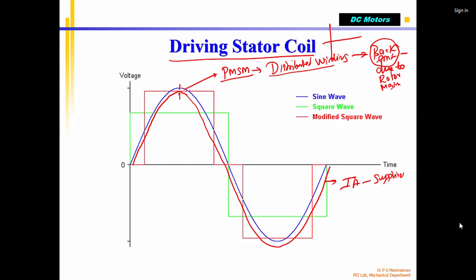I have shown it bigger. This is the supply voltage VS minus V back, that means the difference. Then divided by Z will be the current that produces the magnetic flux. So that is for the synchronous motor.